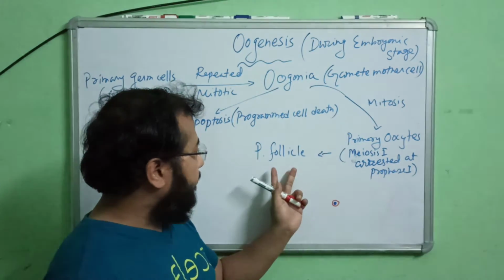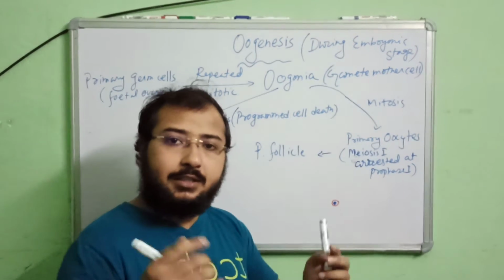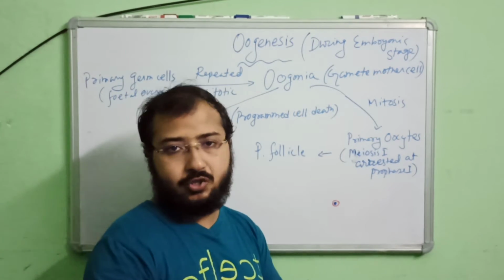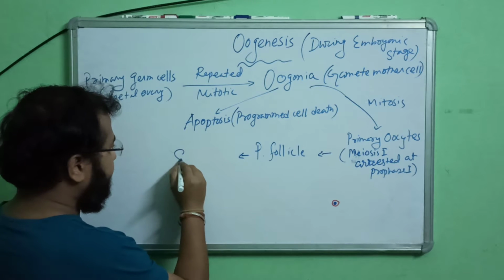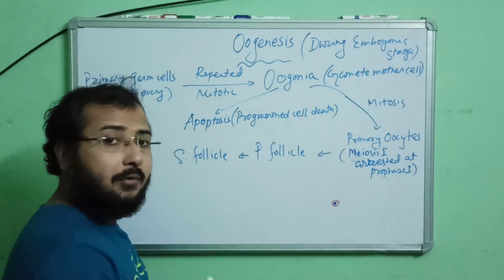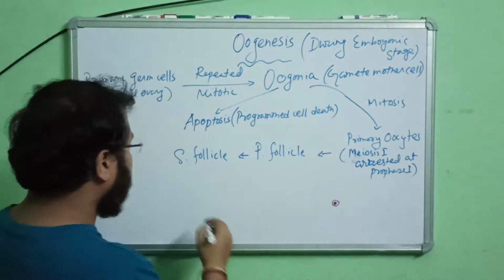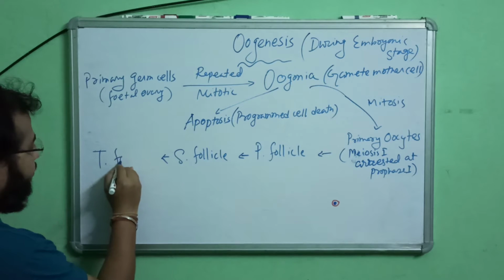So this primary follicle is further developed by the deposition of more granulosa cells, and it leads to the formation of the secondary follicle. Further granulosa deposits lead to the formation of the tertiary follicle.